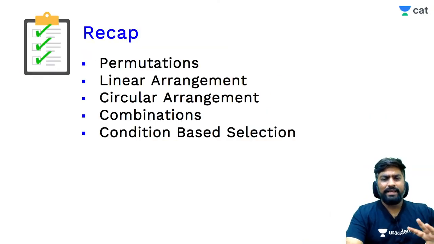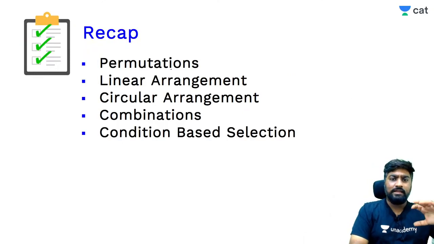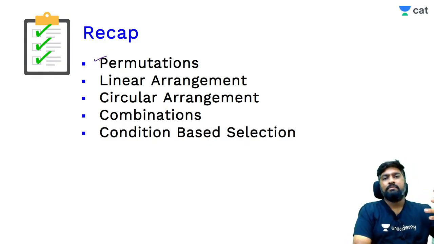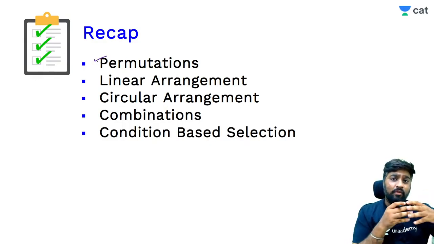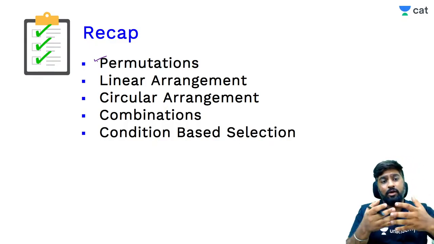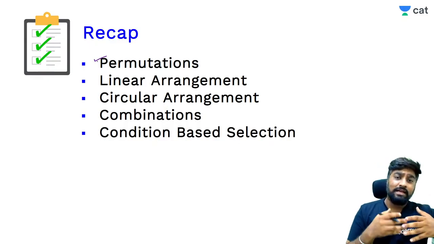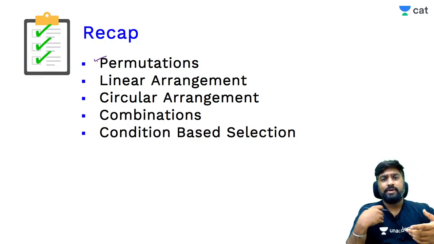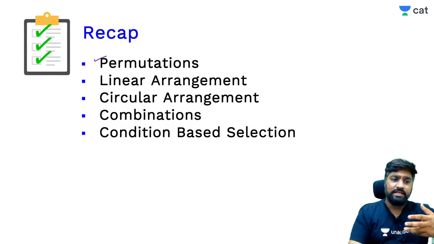So let's have a quick recap of what we've seen so far in the last 7 lectures, right? We've understood what permutations are. We've understood the difference between permutation and combination, under what scenario you would apply permutation and under what scenario you would apply combinations. Next, we've looked at what linear arrangement is. We've looked at letter-based arrangement, number-based arrangement, people-based arrangement.